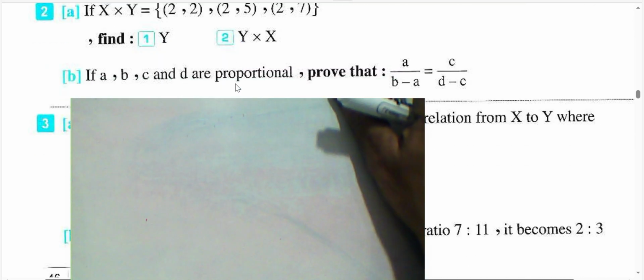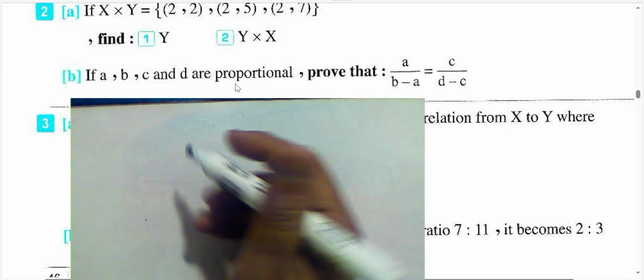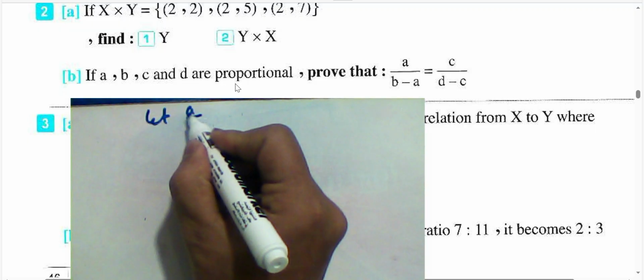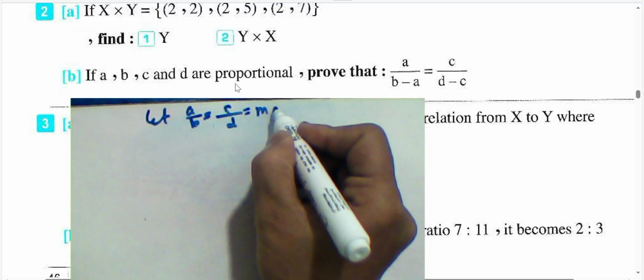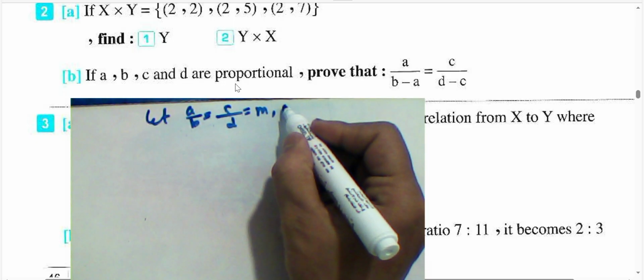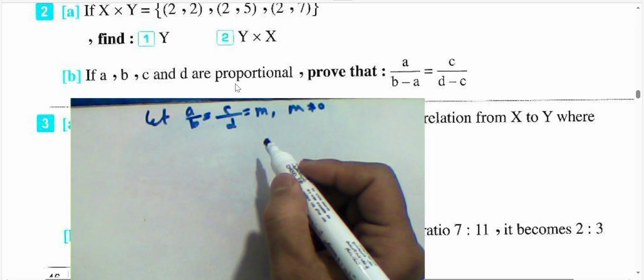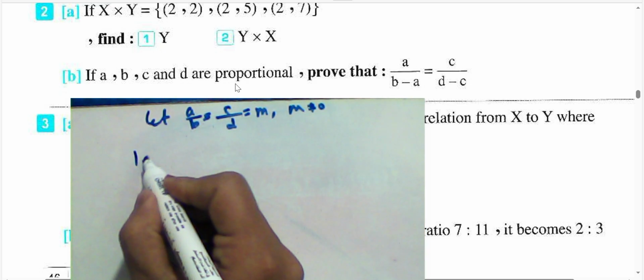If A, B, C, and D are proportional, prove that left hand side equals right hand side. First step, let A over B equal C over D equal a constant M, and M not equal 0. Okay, then start with the left hand side.